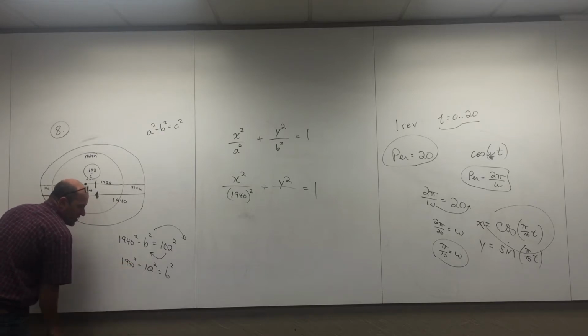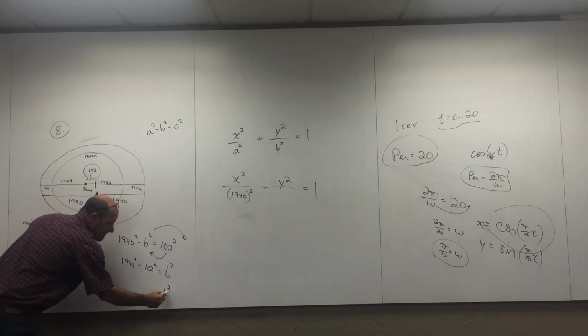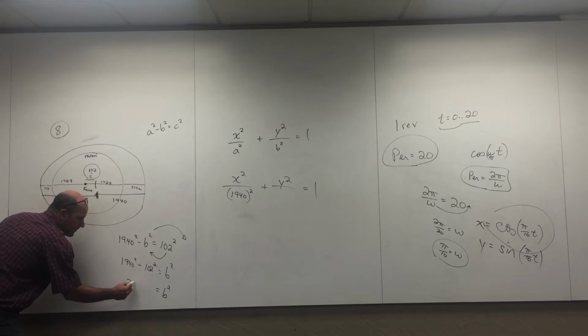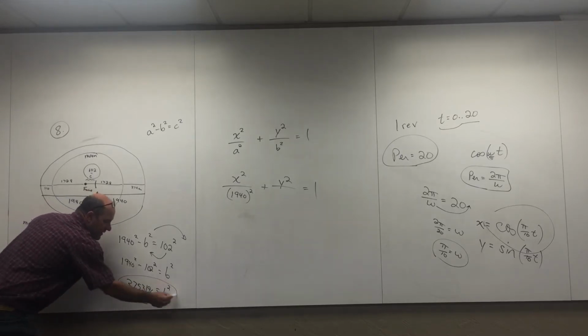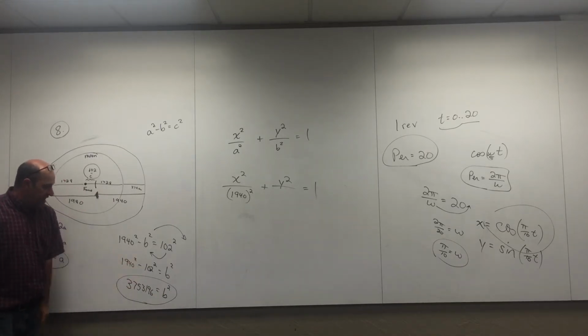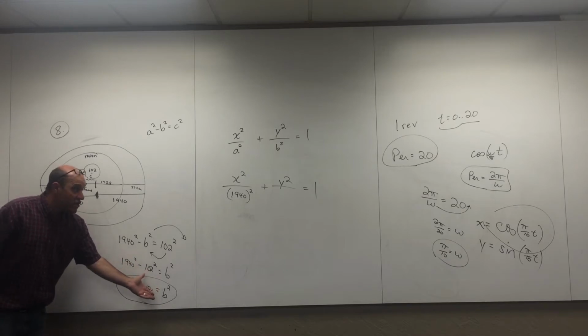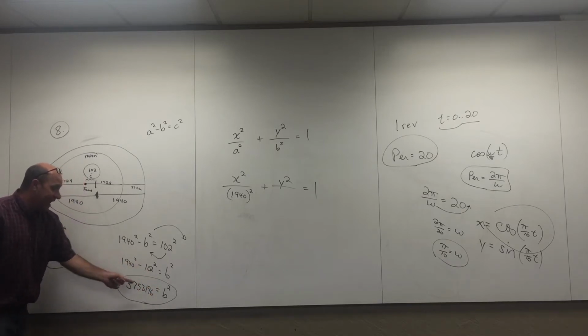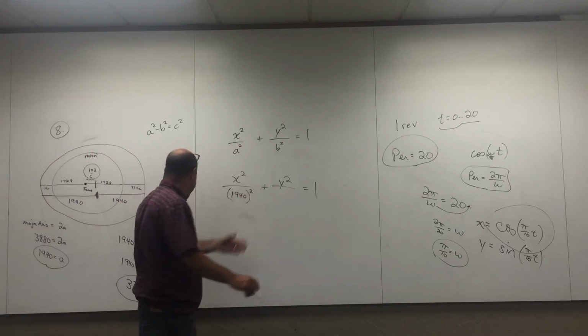So now it's some huge number: 3,753,196. That's b squared. It's this thing squared minus this thing squared. There it is. If you want to take the square root and find b, you could, but I don't care. What I really want is b squared.